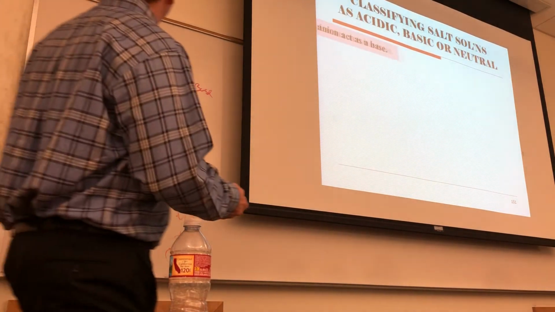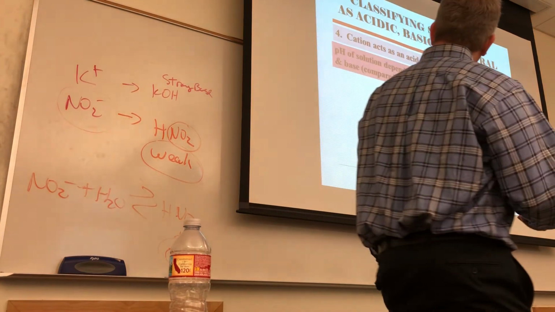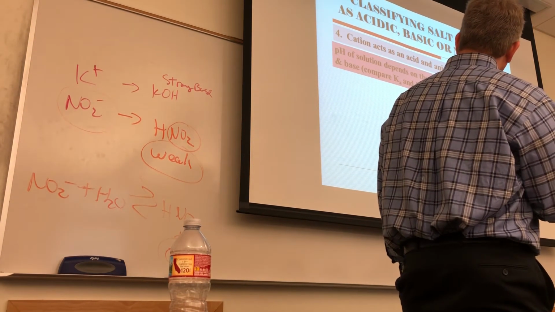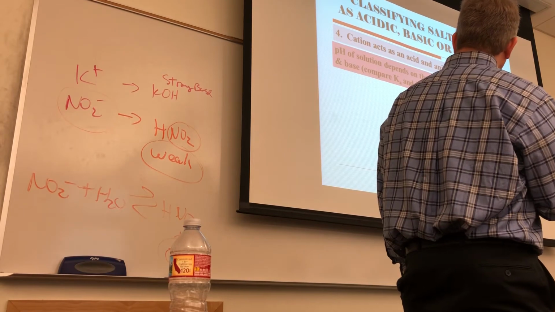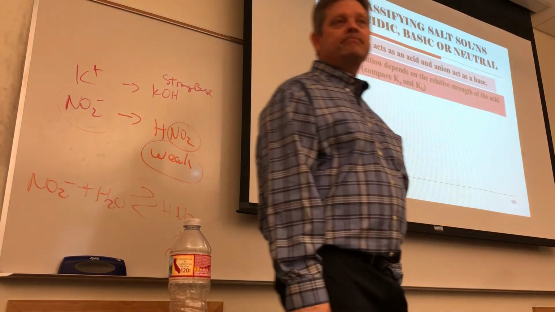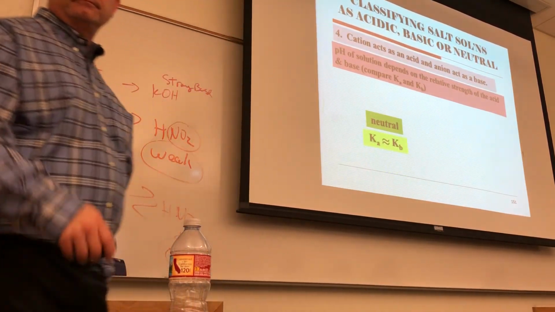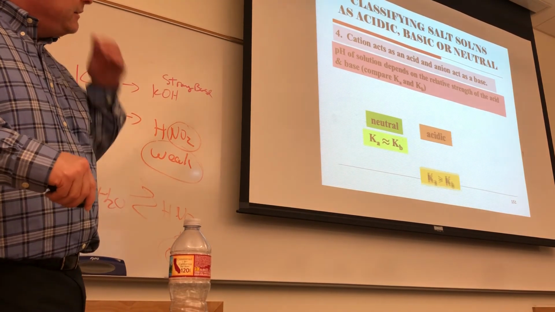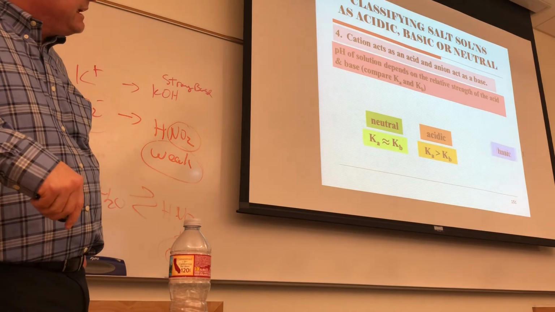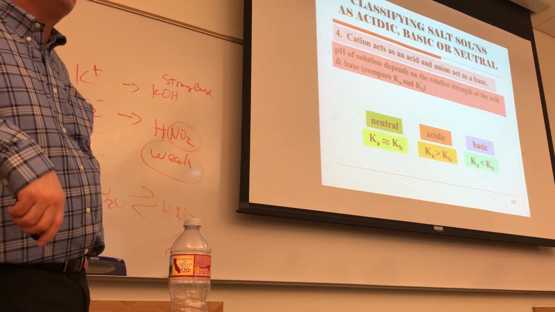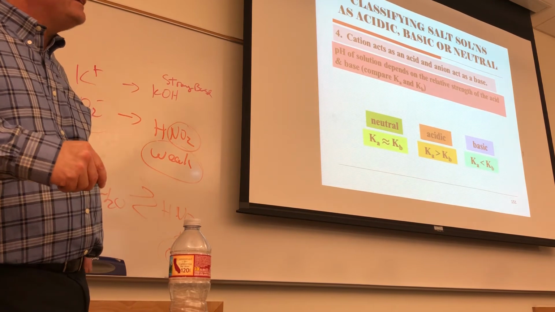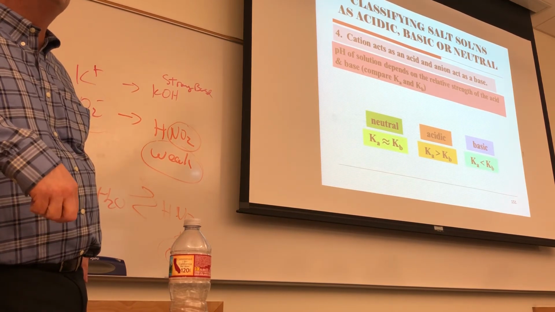So this is continuing the same one. pH depends on relative strengths, and you can compare Kas and Kbs. If it's neutral, obviously those are pretty close. If it's acidic, the Ka is much larger than Kb, and if it's basic, the Kb is much larger than the Ka. So that would be one way to identify, and probably a pretty good multiple choice question.